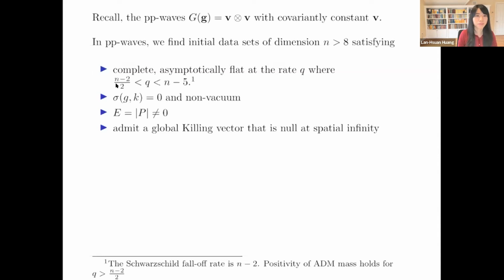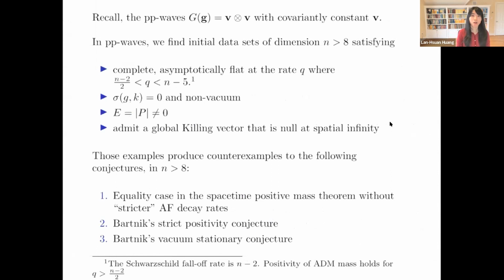Someone can ask me probably during the question time. It has this property: the dominant energy scalar is 0, but it's not vacuum. So in particular, it cannot be Minkowski, right? It's not vacuum, and it has E and P not 0. It also has a global Killing vector field that's null at spatial infinity.